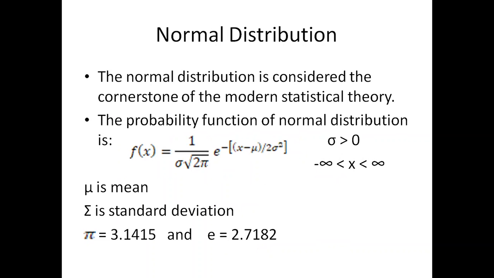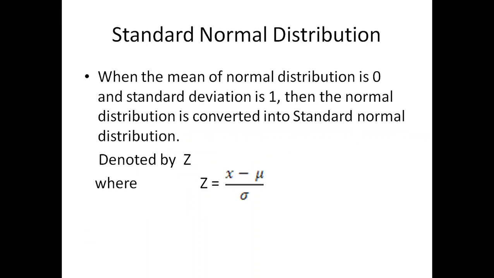Now, as you can see, this probability function for the normal distribution is very complicated, and every time you put in values it becomes more complicated and difficult to solve. So for this purpose, we have another method to find the probabilities: we use the standard normal distribution. What is the standard normal distribution?